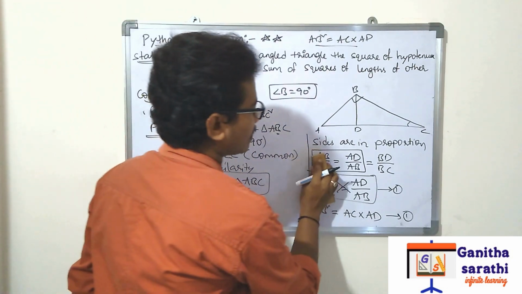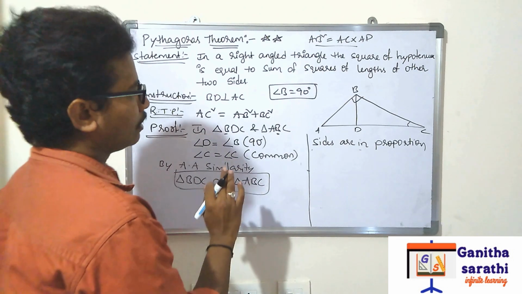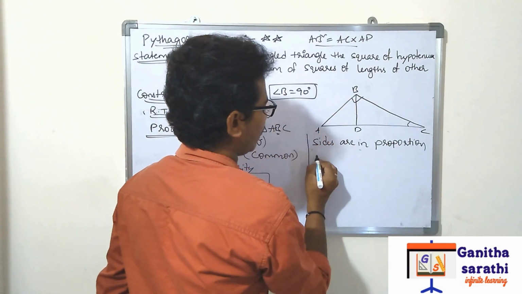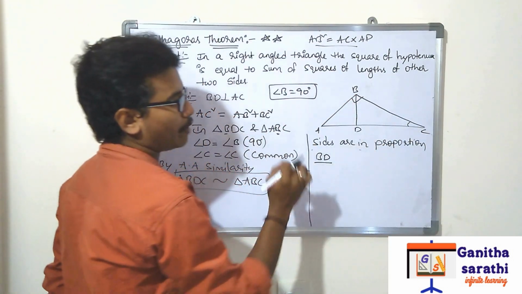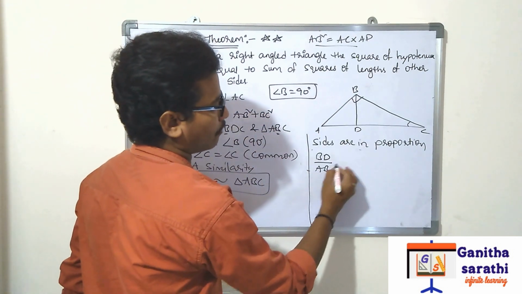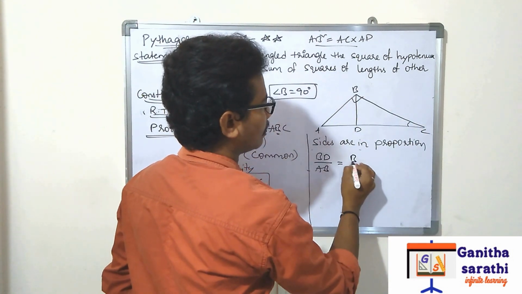Now see here, the sides in proportion. Take the smallest triangle. In the small triangle, what is the smallest side? BD. In the big triangle, what is the smallest side? AB, right? BD by AB is equal to, what is the hypotenuse in the small triangle? BC.